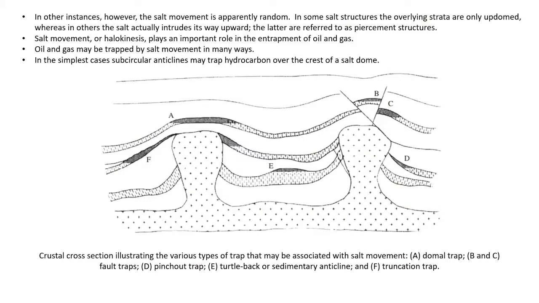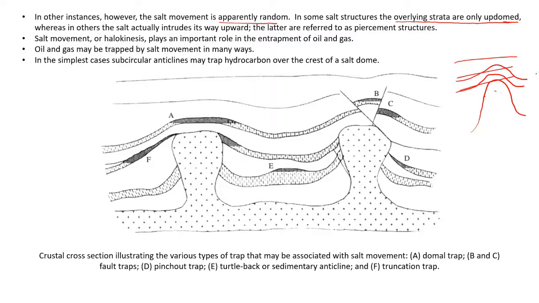Now, this is the normal vertical movement of salt, but sometimes movement is apparently random in some salt structures which may not pierce through completely. If the salt structure is not piercing through completely, then overlying strata are only updomed, meaning that if this is the strata and this is the salt layer over here, if it is unable to pierce it completely, then this strata may get folded like this.